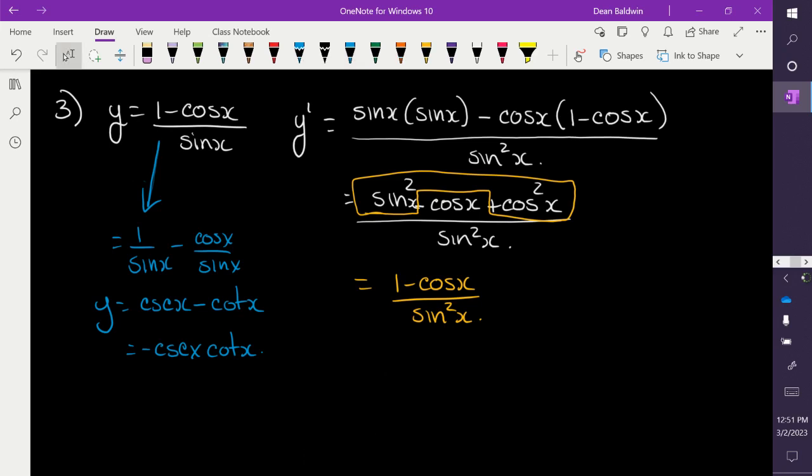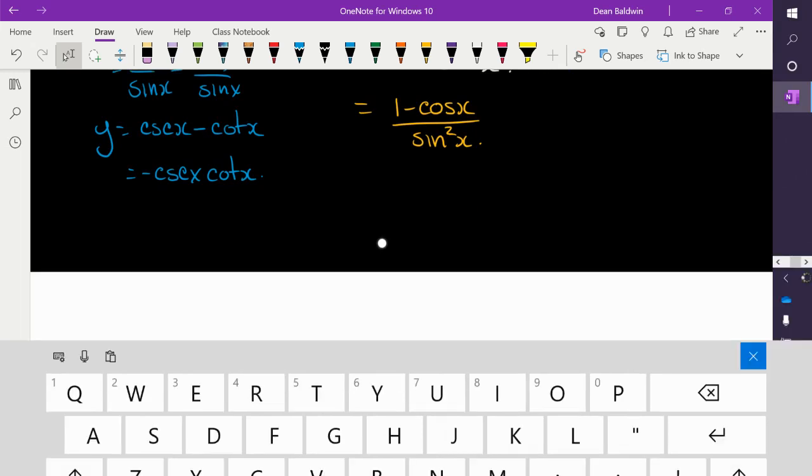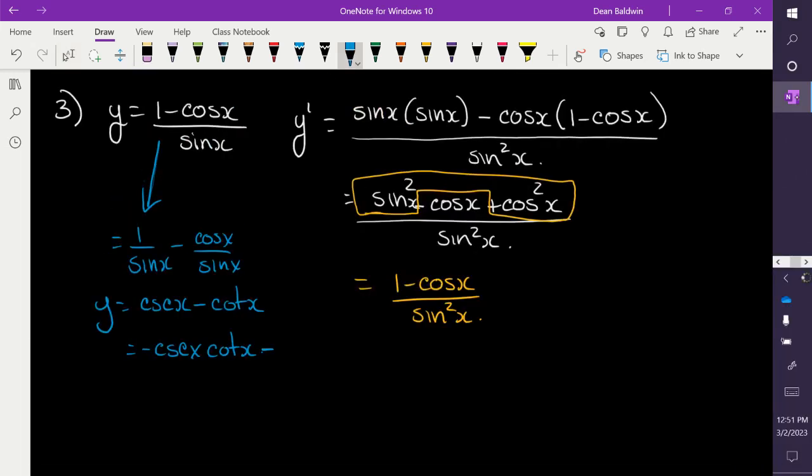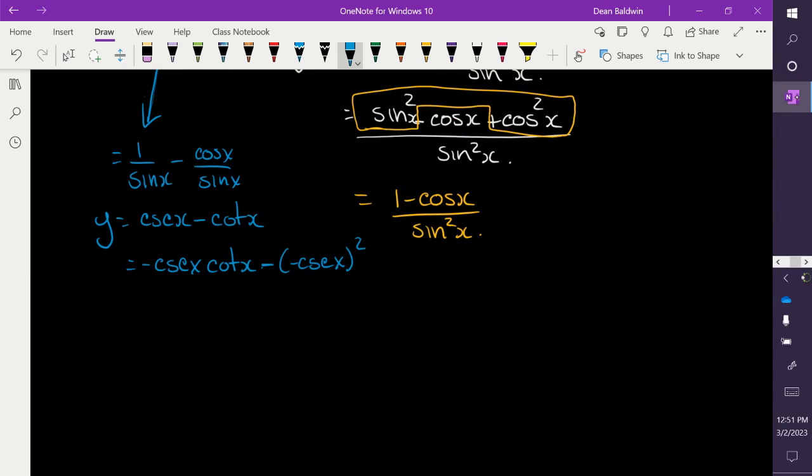Negative cosecant x squared. Right. Which then gives you that.